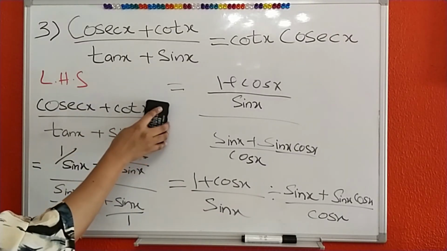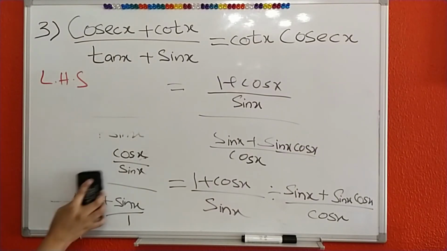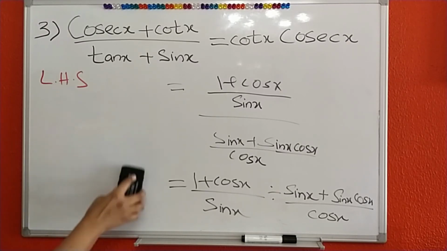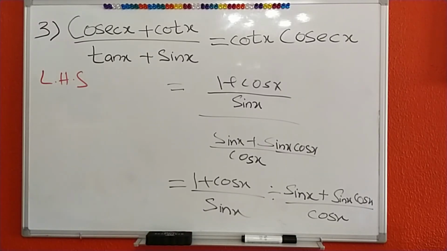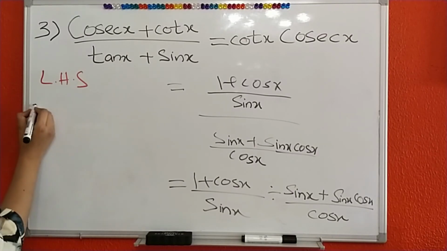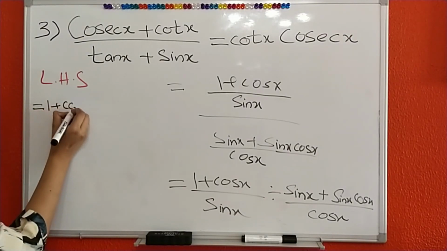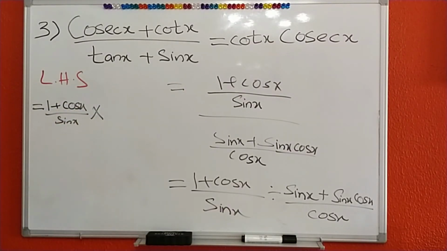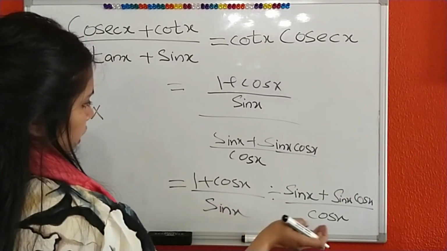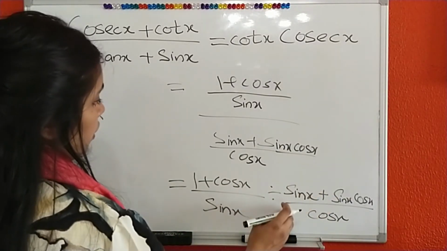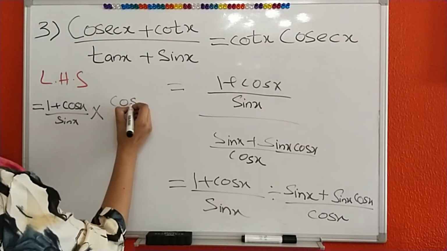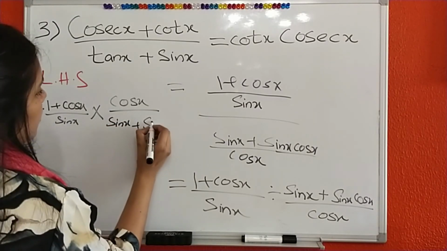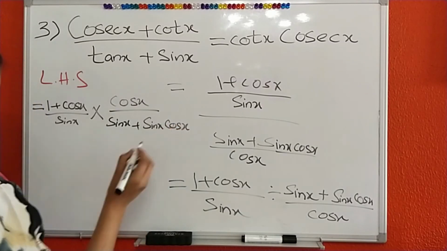Now I am going to erase these parts to solve the further steps. So it is 1 plus cos x over sin x multiplied by, whenever you convert the divide into multiply, the denominator converts into numerator and the numerator converts into denominator. So cos x upon sin x plus sin x cos x.